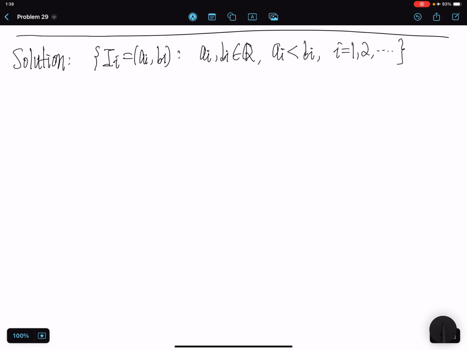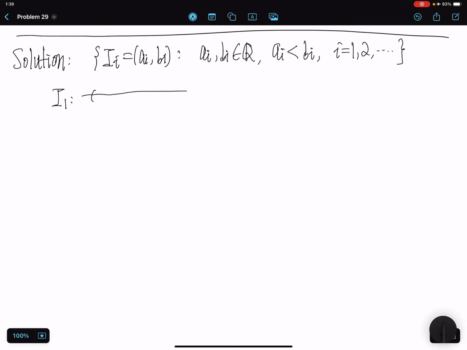Those are the countable collection of open intervals with rational endpoints, right?